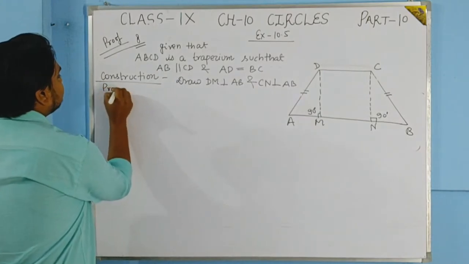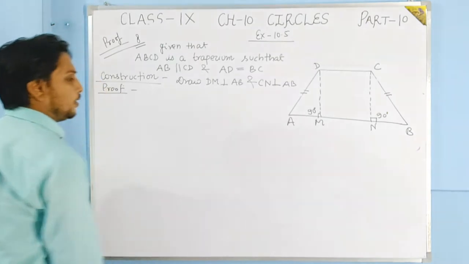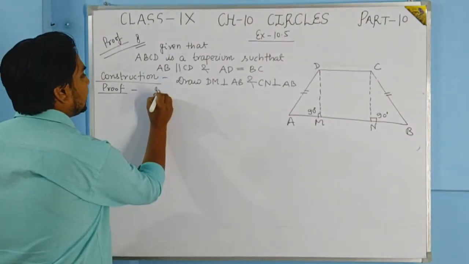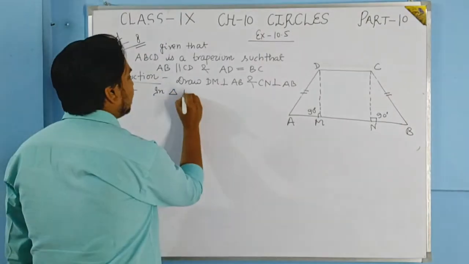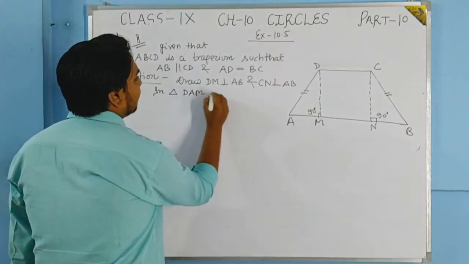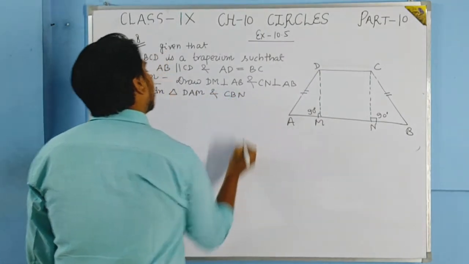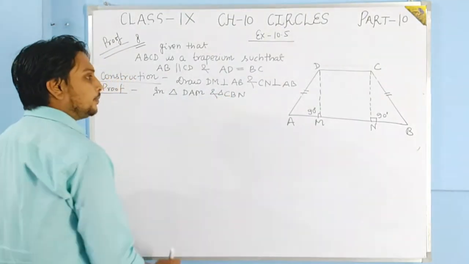Now students, coming to the proof part. Let us see in triangles DAM and CBN.